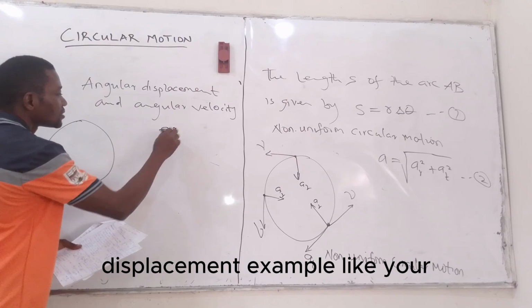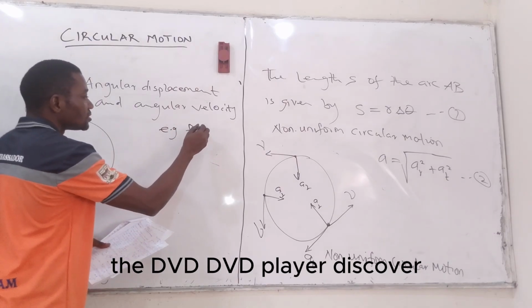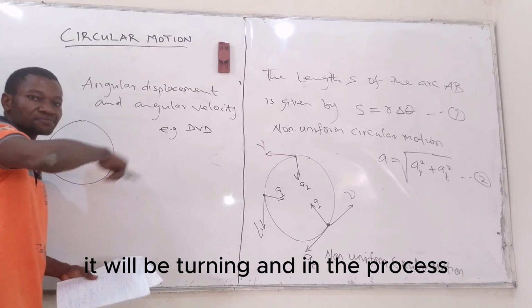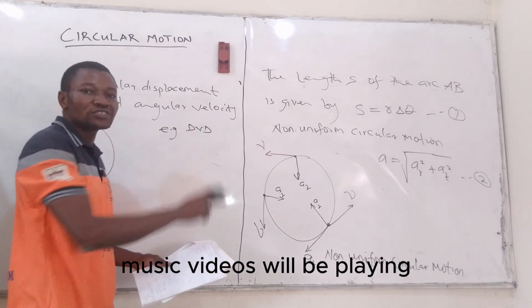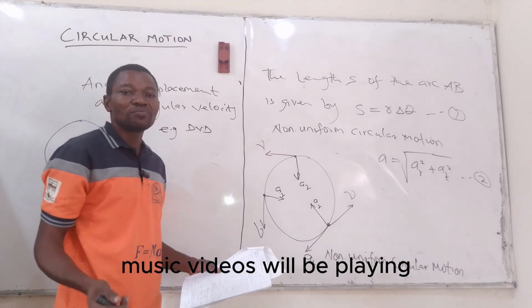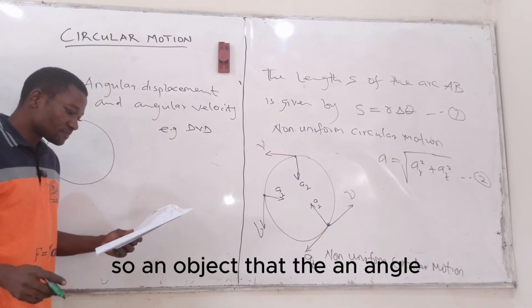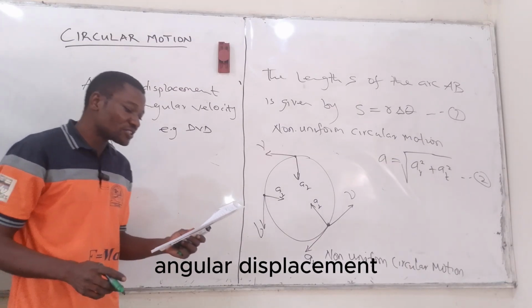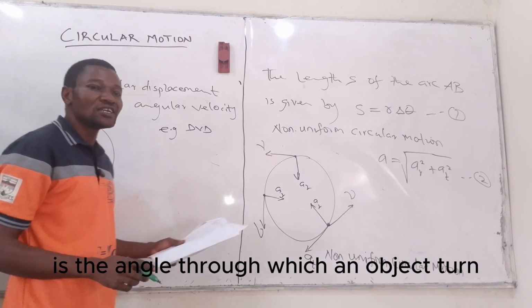Example, like the DVD player. The disc, as you put it in, will be turning, and in the process, music and videos will be playing. So an angular displacement is the angle through which an object turns.